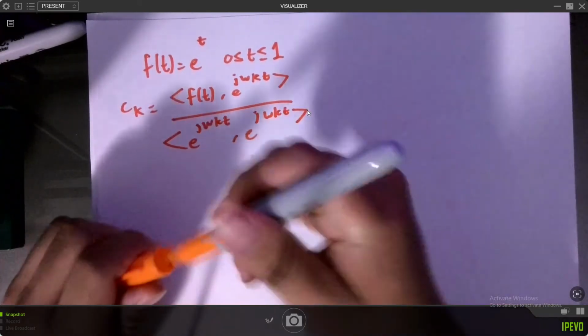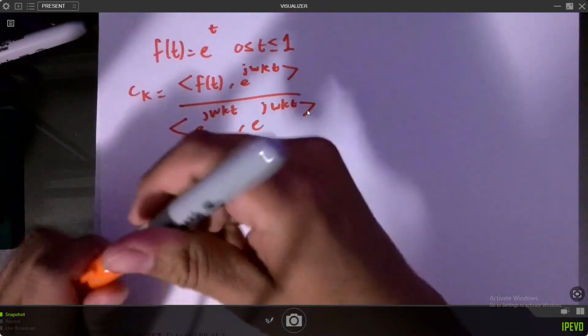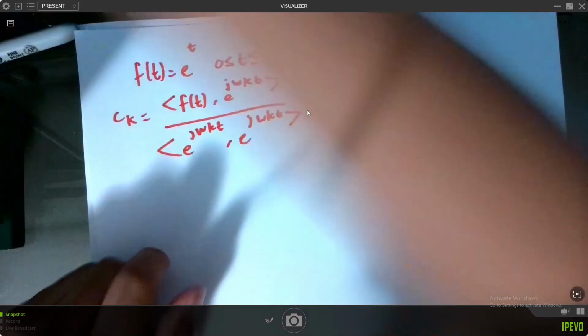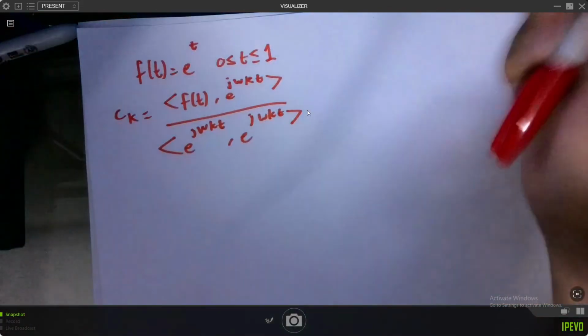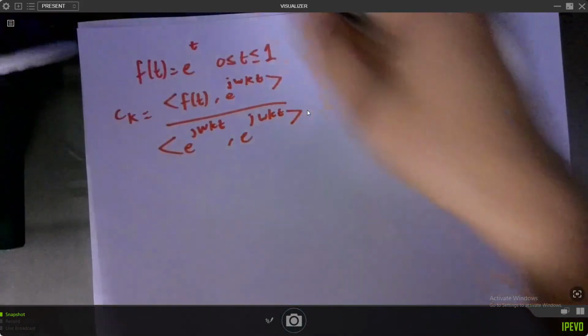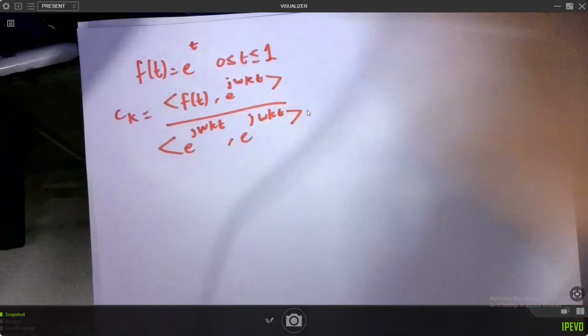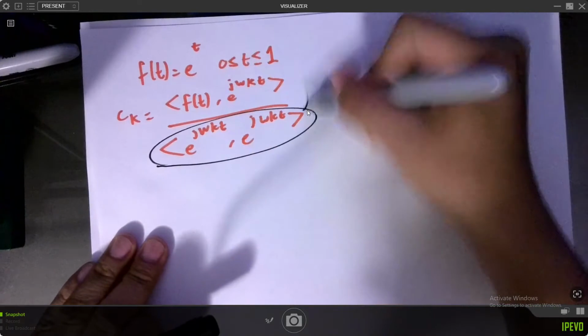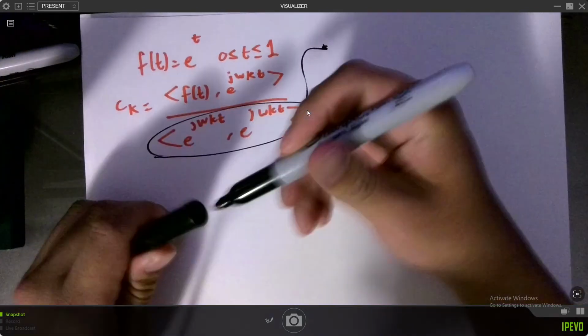So the first thing I want to solve for is this puppy right here. Let's go with black. We're going to try and do this little function so you know what to do.